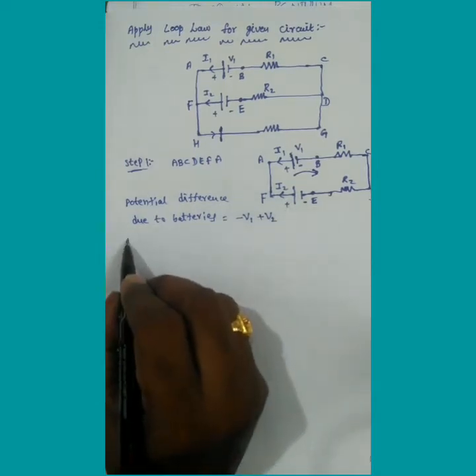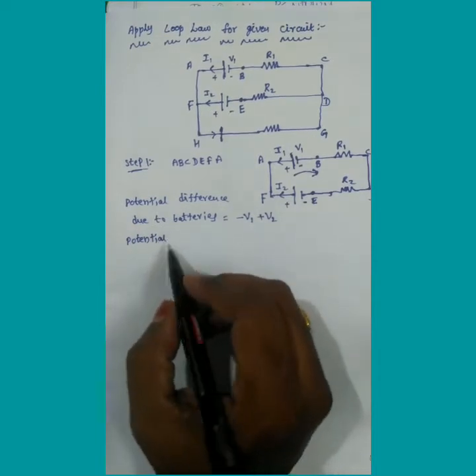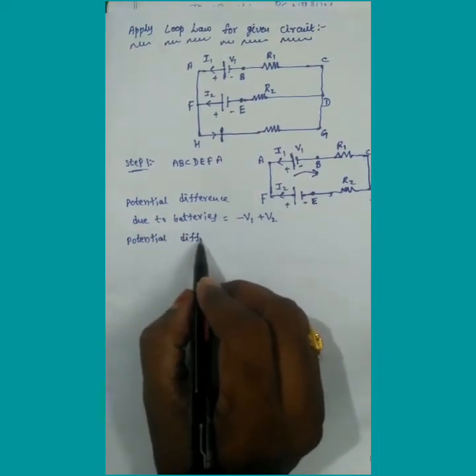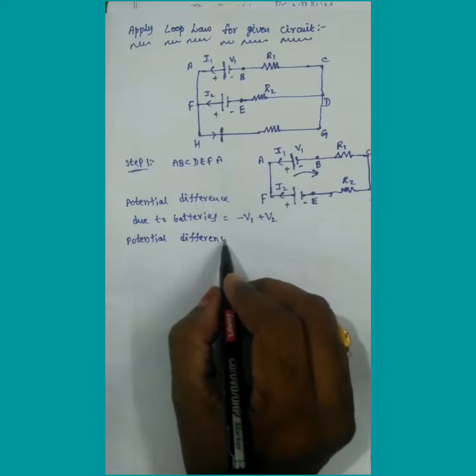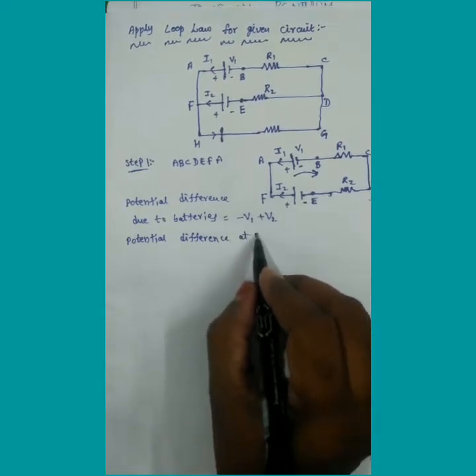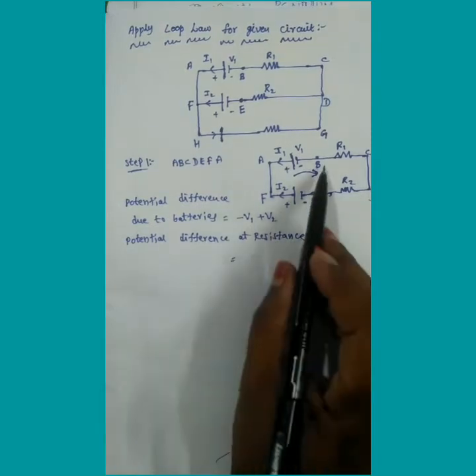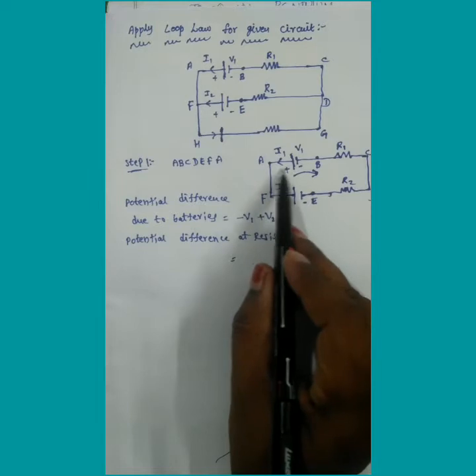Also we have to apply the same sign rules for the potential difference at resistances. These are opposite to the batteries condition we have taken. This is the flow of the current direction.